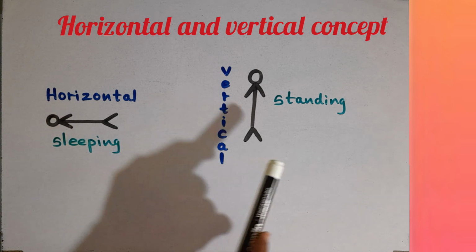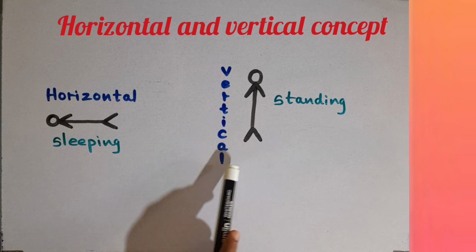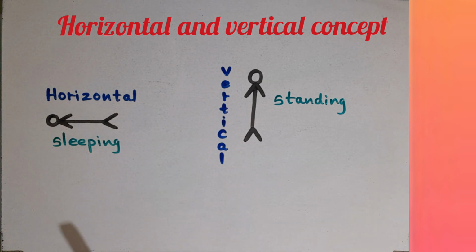He is in a horizontal position, and in the second diagram, the person is standing. He is in a vertical position. So, vertical and horizontal surfaces and edges can also be described. Surfaces are known as planes also, and the edges are known as lines also.